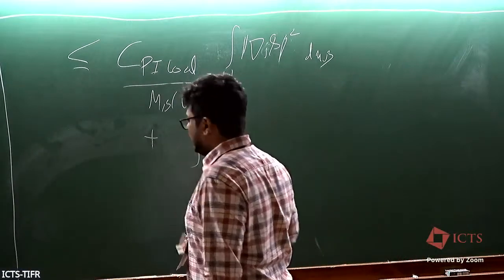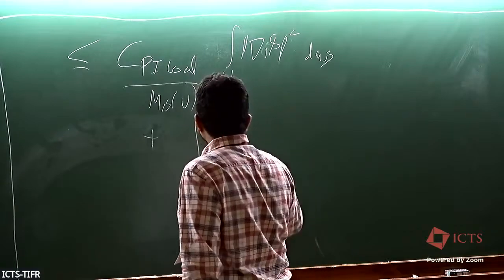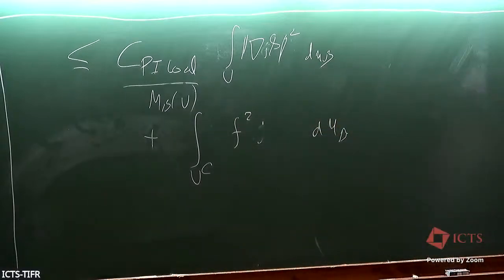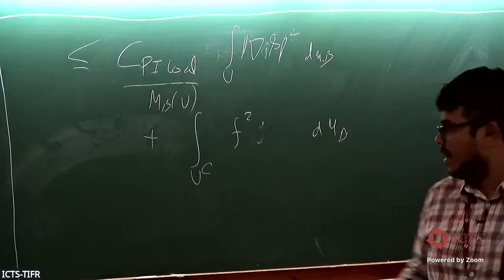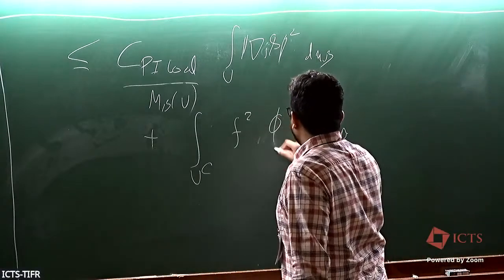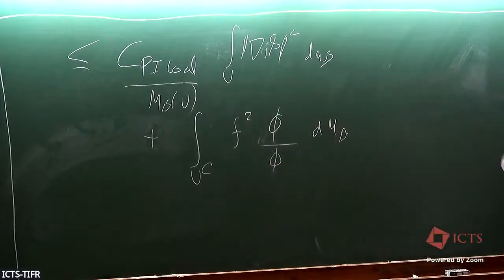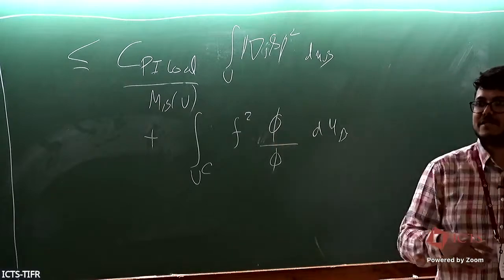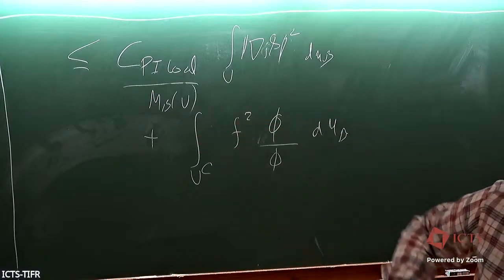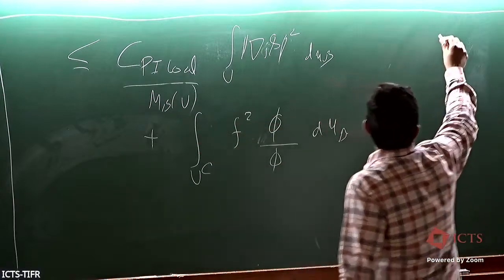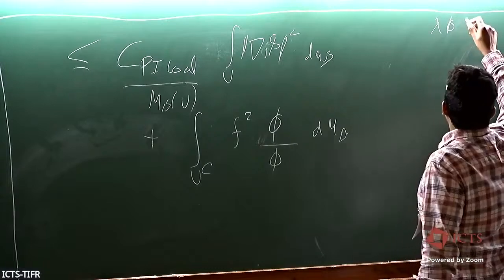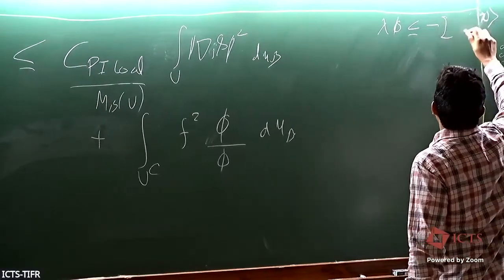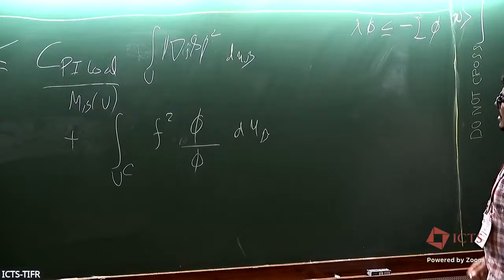So here we're going to do the following. First I'm going to multiply and divide by phi, and I'm going to use the fact that phi has an upper bound, which is whatever comes from the generator. So using the fact that lambda times phi is a lower bound on minus the Laplace operator of phi, I can use that here.